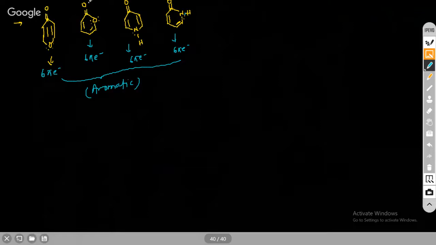If this double bond O is not present, you write OH here, single bond OH, then all these compounds are non-aromatic. You understood? So the double bond outside the ring, that we don't consider. Because of this double bond, this carbon becomes sp2 and then it is involved in resonance. That is the only benefit we have.